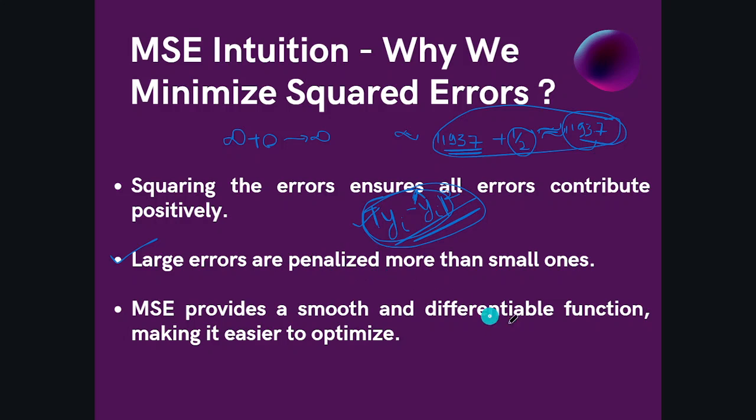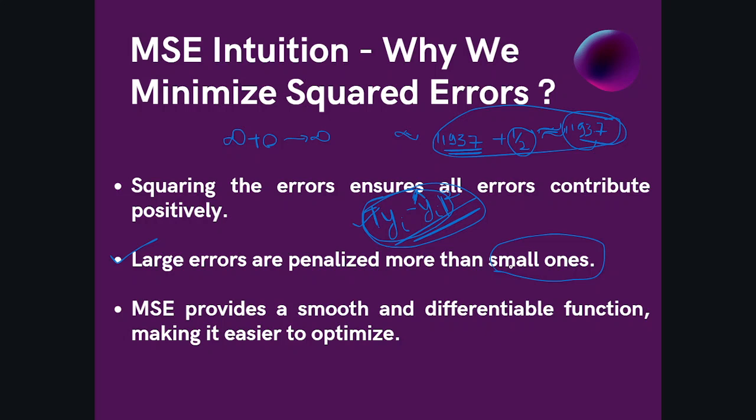Like that only, the small errors don't contribute much in the error function, but the large errors do contribute in the error function, and that is why we need to penalize the errors to find the best model parameter, and that is why we square it.